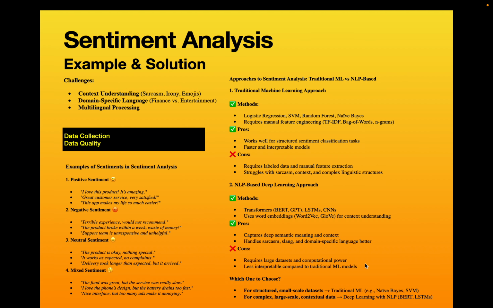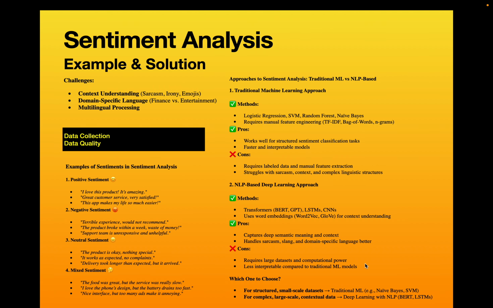The pros are that you have good control over the model, end-to-end control of the parameters, and of what's going on behind the model and how it is working. But the cons are that the model is not scalable, and sometimes it struggles with context or complex linguistic structures. That is very important in today's world.